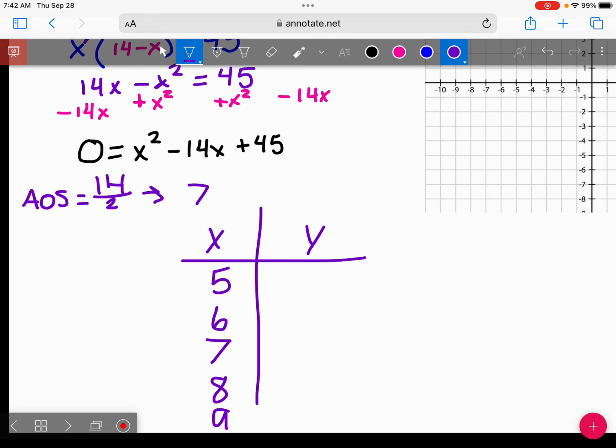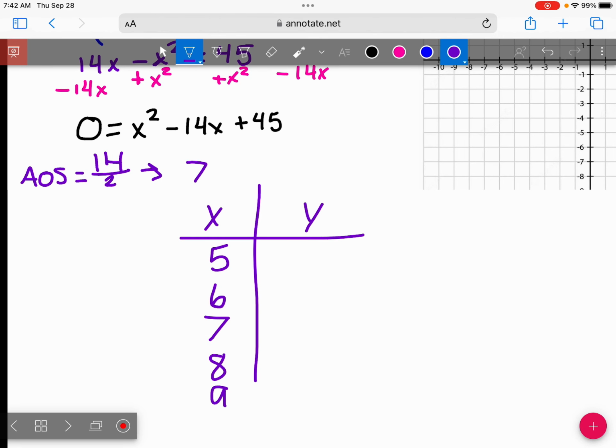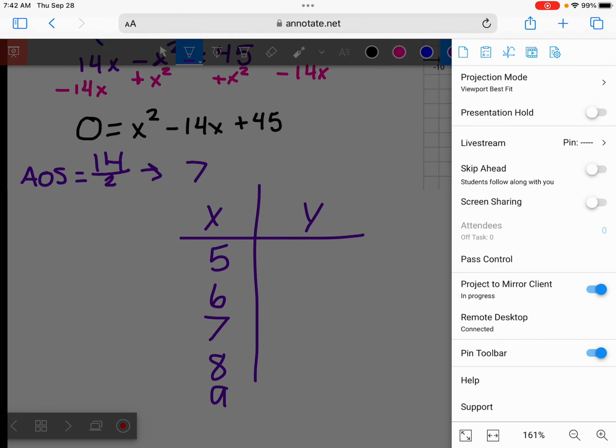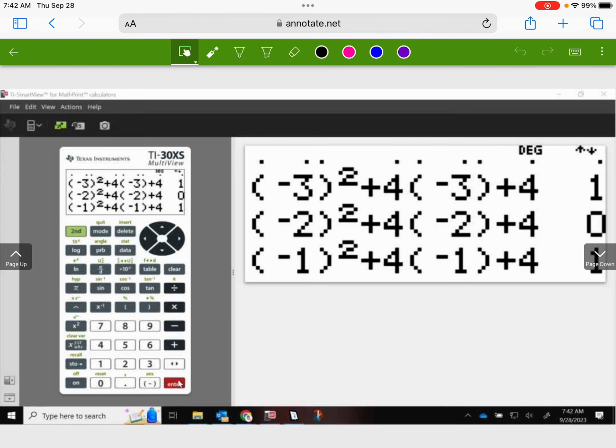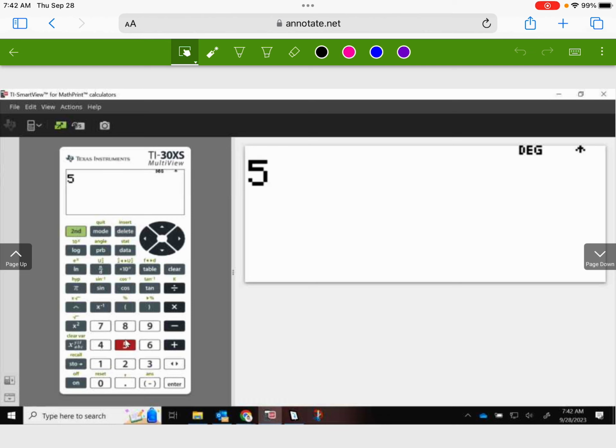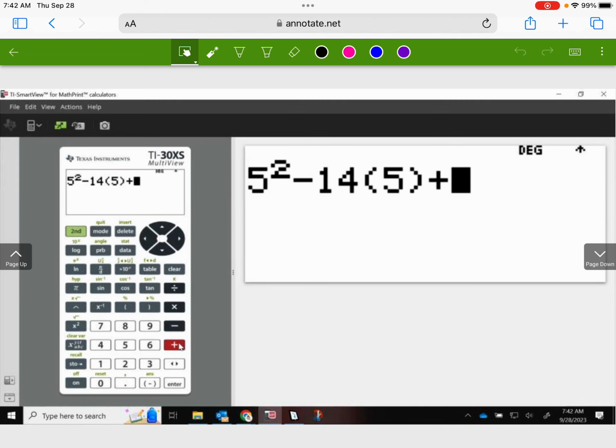And we're going to type them into the calculator. So I'm going to start with 5. We're going to go with 5 squared minus 14 times 5 plus 45. And we get 0.